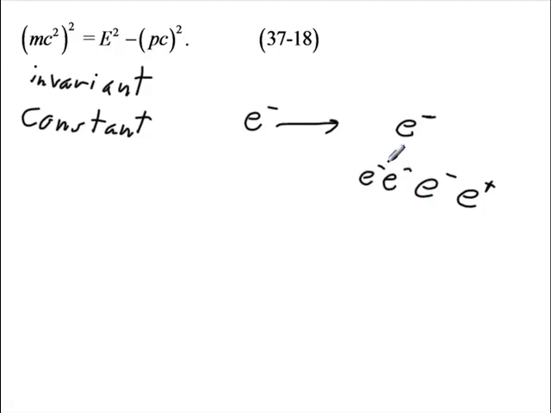Now, we would like to know what is the minimum energy this needs. Well, that's a very hard problem, because I have to account for the energy coming in, I have to account for the momentum of all the different particles flying out, and I have to figure out what is the total minimum energy after these are all flying out.